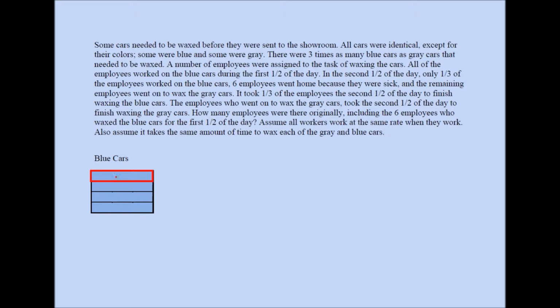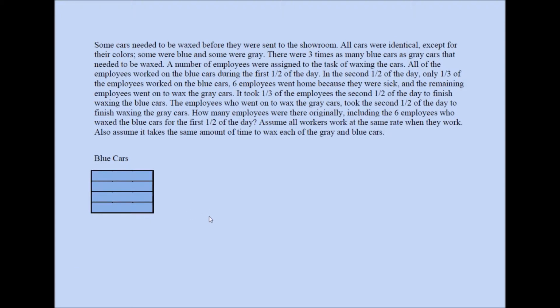If 1/3 of the employees can do this much in half of a day, all the employees, which is 3 times as many, can do this much. Let's try green. This much in the other half of the day, the first half of the day. So this is the representation of all of the blue cars.